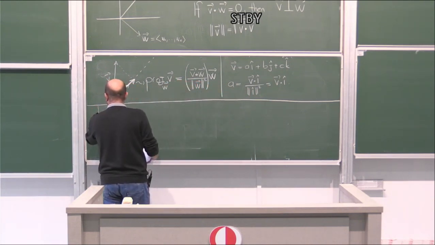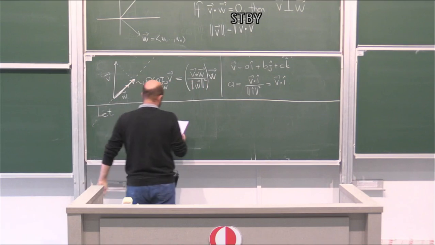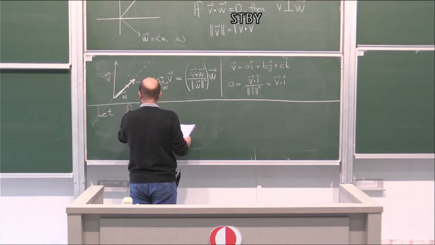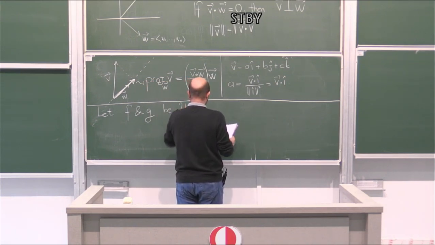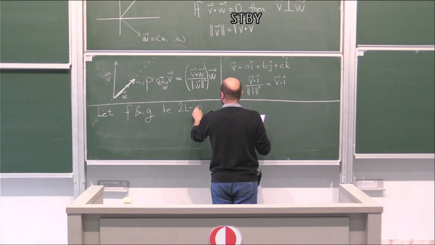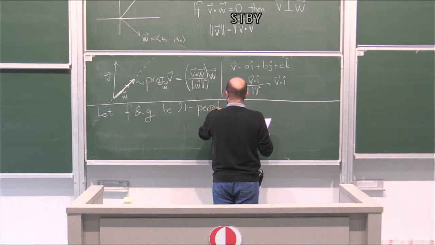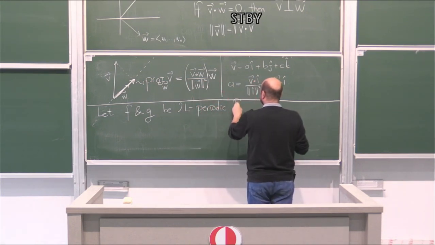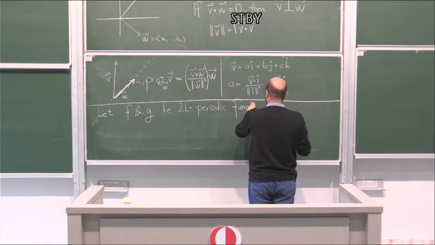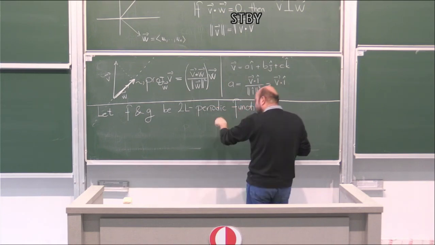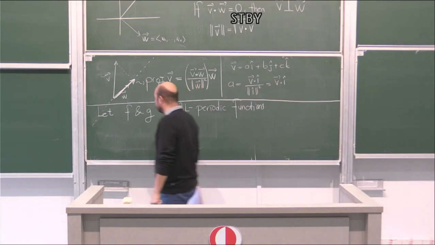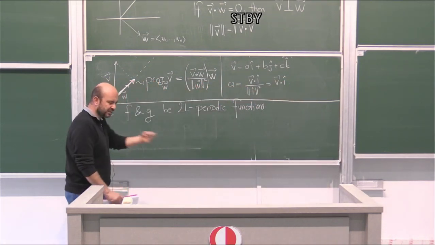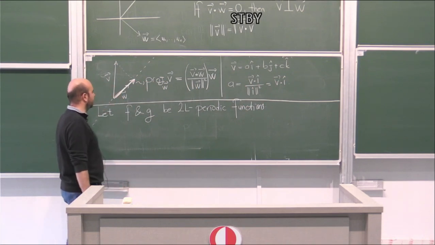So let F and G be 2L periodic functions. I'm assuming that these are integrable functions. Most of the time they will be piecewise continuous functions, so I can integrate.